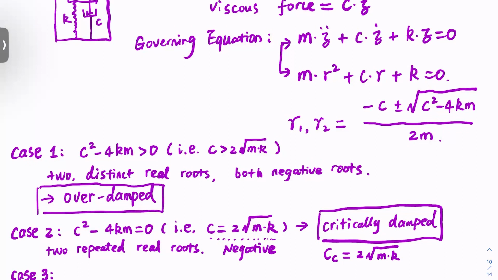So case 3 is what? What if this thing is less than 0? Very similar to what we had before, that basically our c is less than 2 square root mk, that we would have 2 non-real or complex roots.